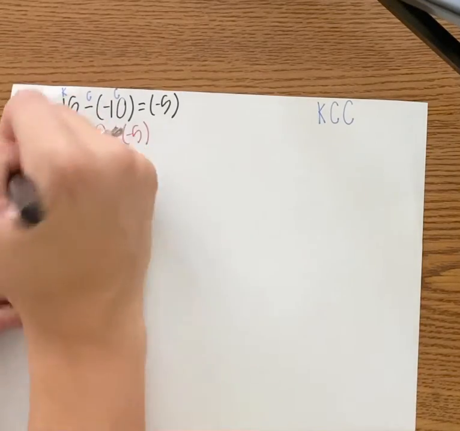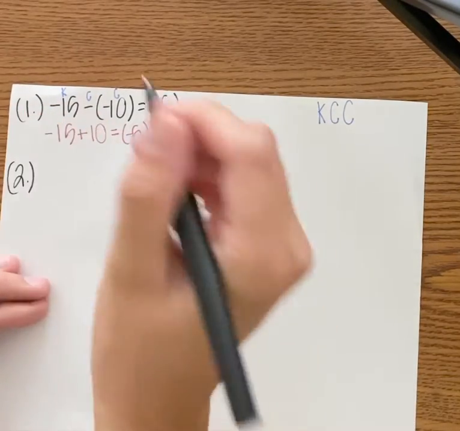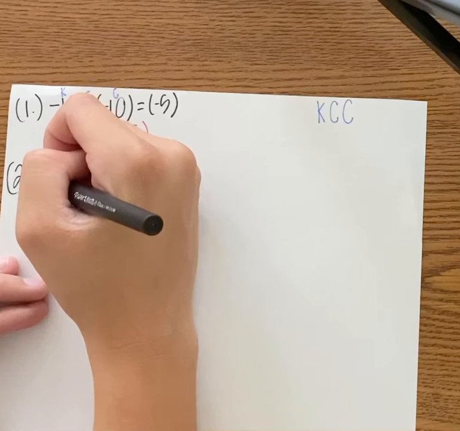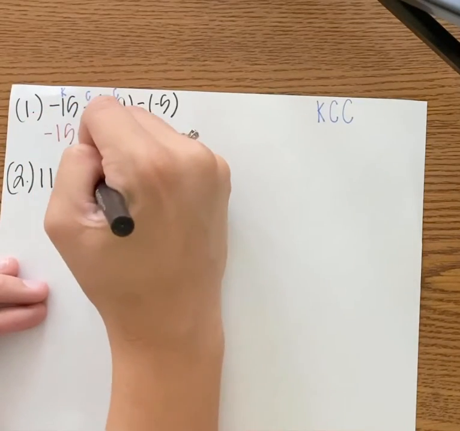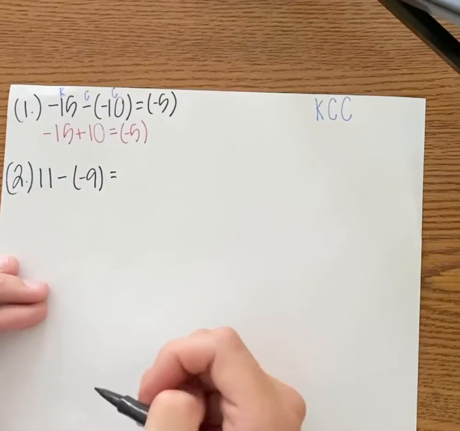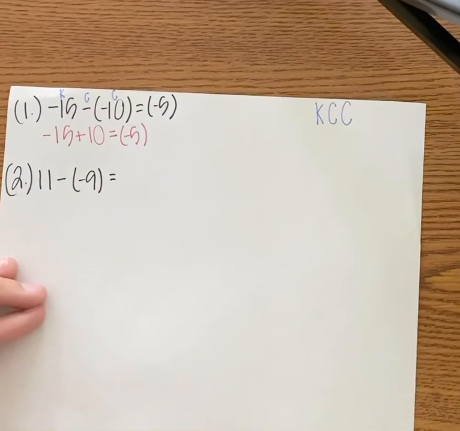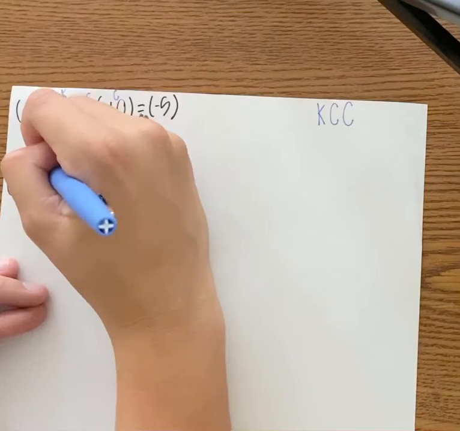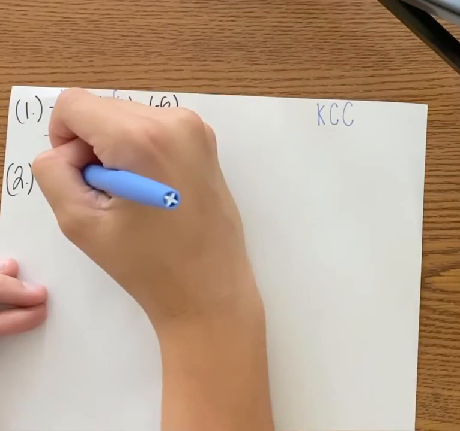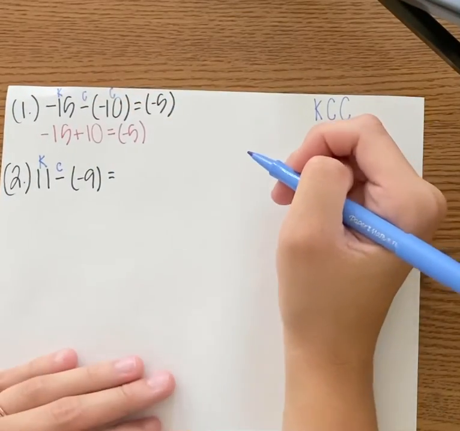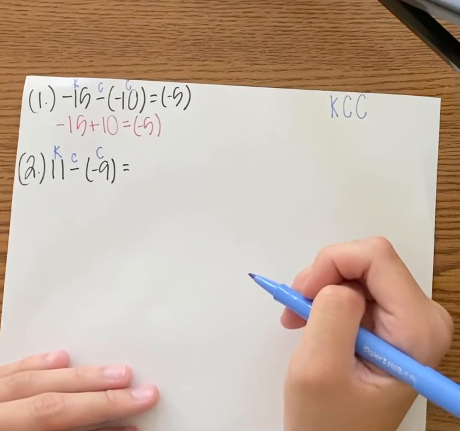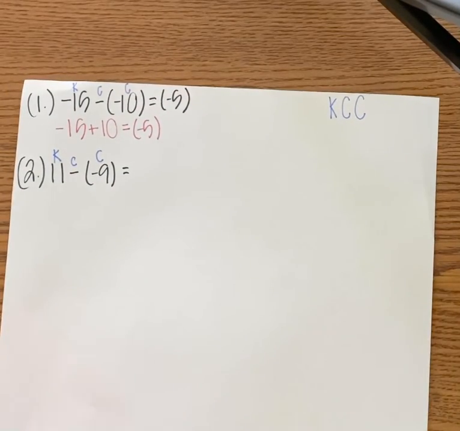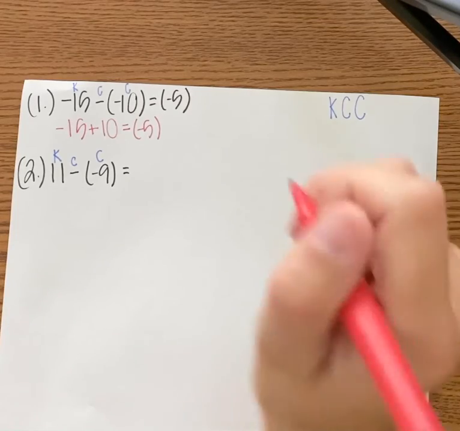Example number 2. We have 11 minus negative 9 equals. Again, I'm going to keep using that keep, change, change method. K above my first number, a C above my operation, and a C above my second subtrahend here. I always rewrite it just to help me organize my thoughts.